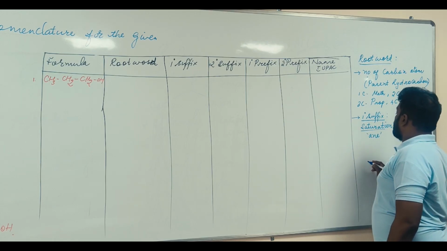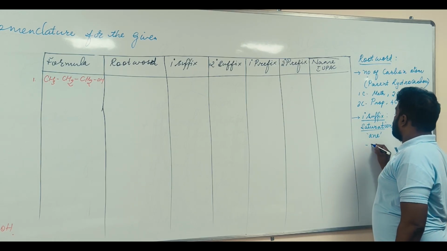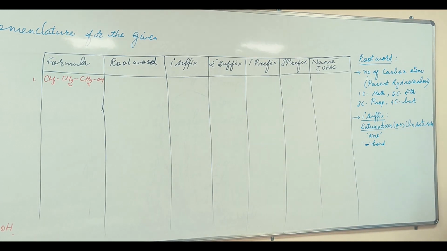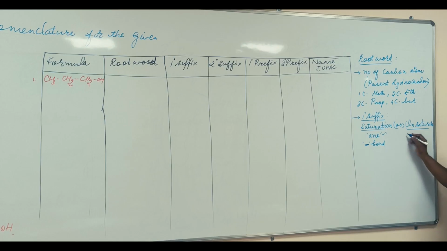What is meant by saturated? The compound with a single bond. So the ending should be "ane". If it is unsaturated, the suffix should be "ene", that means presence of a double bond, or otherwise it can be "yne", presence of a triple bond.